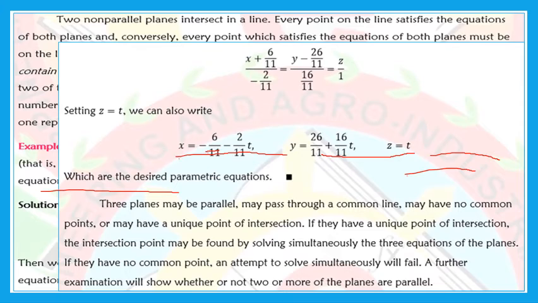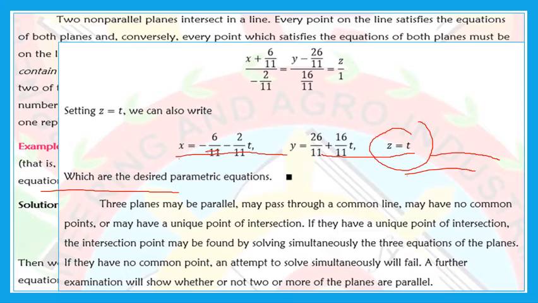Okay, so kung i-set natin si z as t, so magiging x is equal to negative 6 over 11 minus 2 over 11 times t. Y is equal to 26 over 11 plus 16 over 11 times t. And z equals to t. Which are the desired parametric equations.